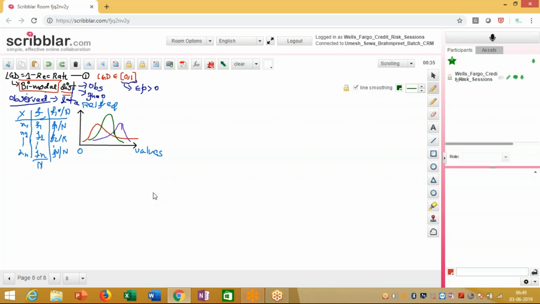So over here, if you have a look into this, let's first of all see what is a skewed distribution.